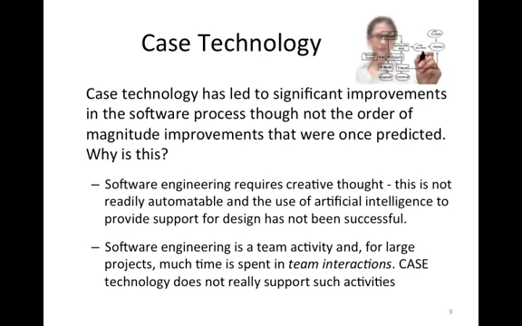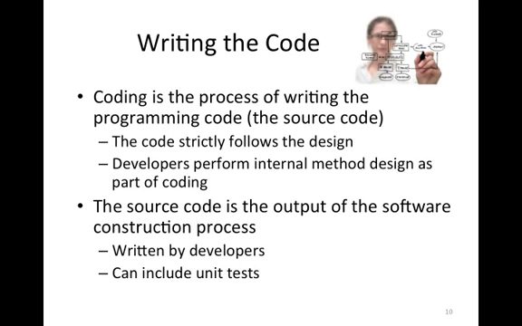And software engineering really is a social, team, interpersonal activity, and there's not a lot of support for that kind of discussion, the type of brainstorming that is required for high quality software development.